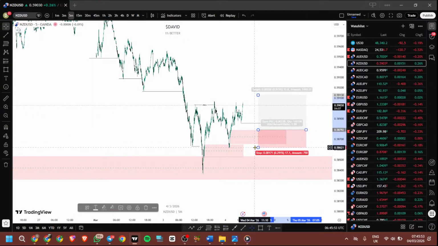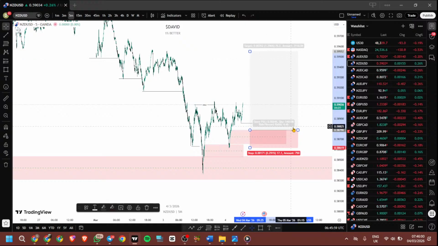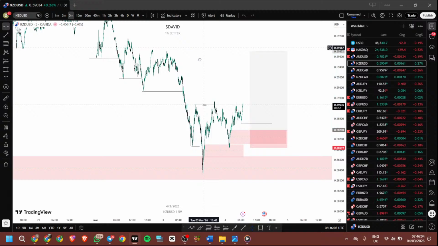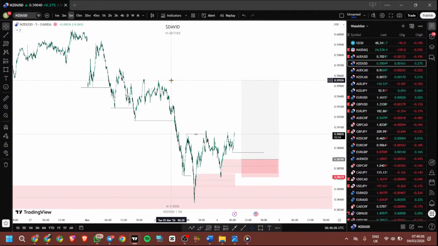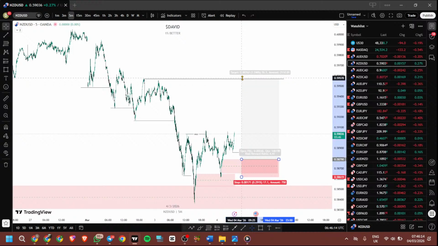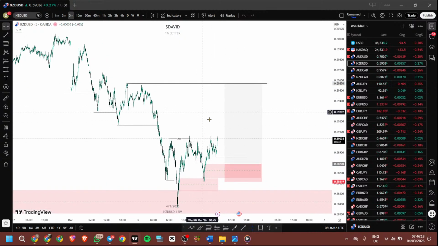a buy, sorry, not a sell, to target the previous low. So this is what I hope to see.